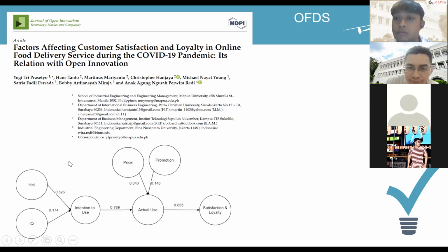We already know why information quality is good here: the information quality is related to the information of the promotion itself. So if we are the developers, and this is one of my best papers, one of the highly cited ones, I tell it very strongly that it's useless if you only try to promote that your application should be good, should be tested. No. You do more promotions and better information quality. That's the key.